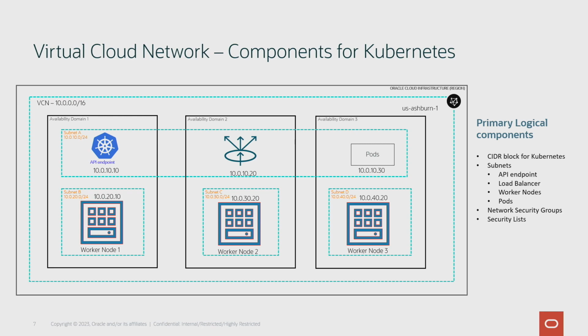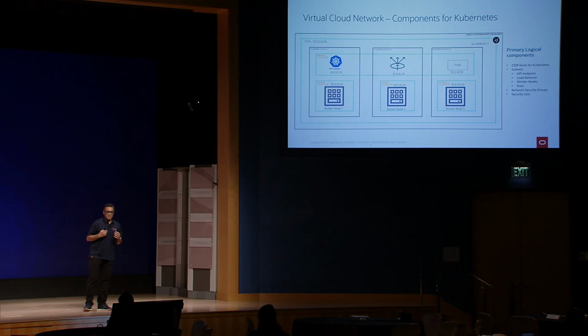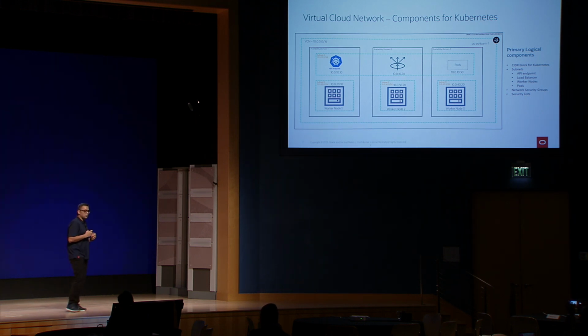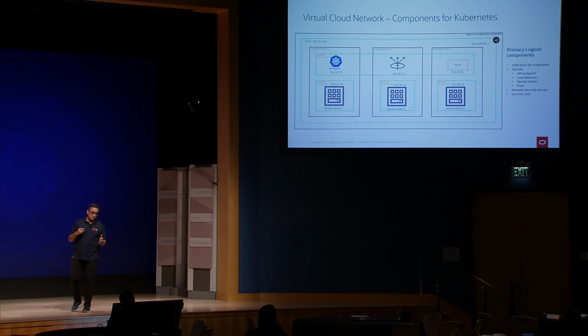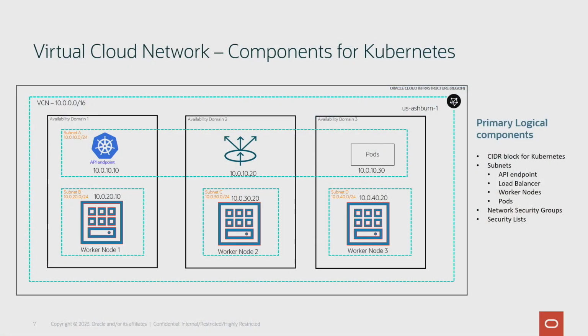So in this example, there's a multi-AD region called US Ashburn 1, right? The first thing you as a developer would do is define a CIDR block. In this example, I've taken 10.0.0.0/16, right? And once the CIDR block is defined, you would start subdividing it into smaller networks called subnets.